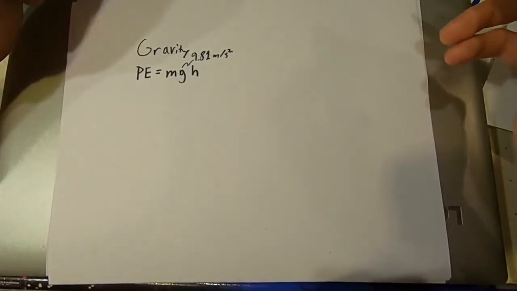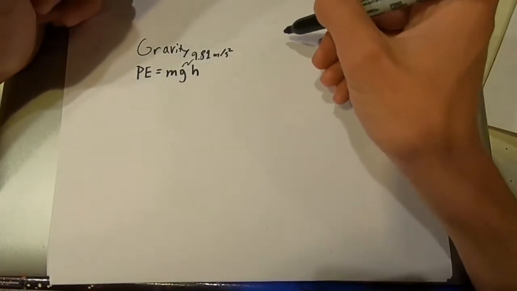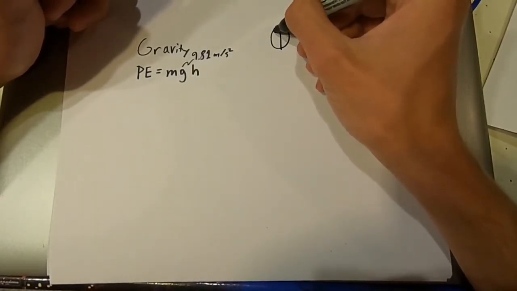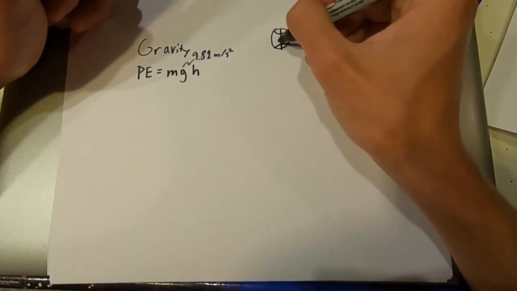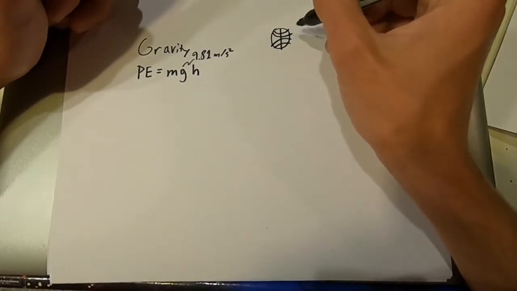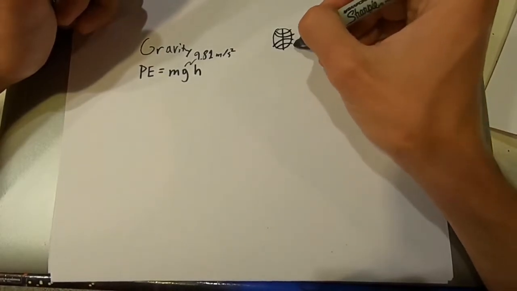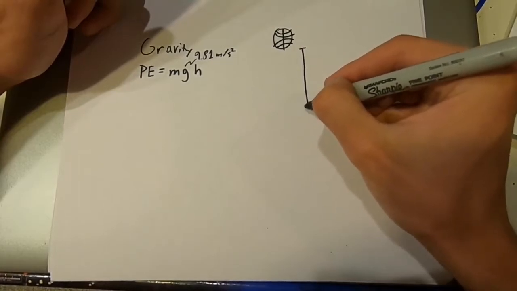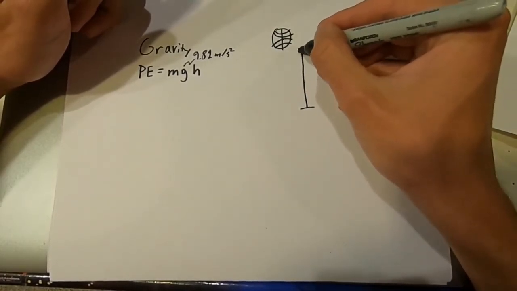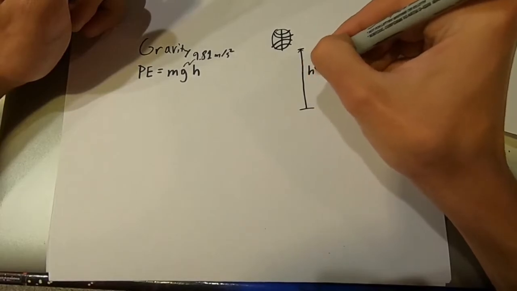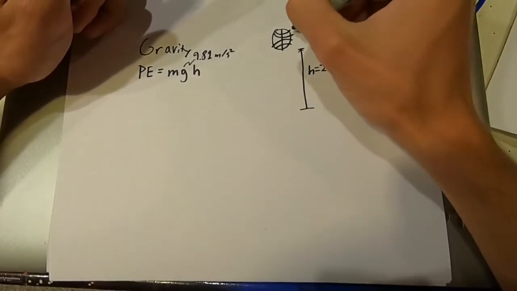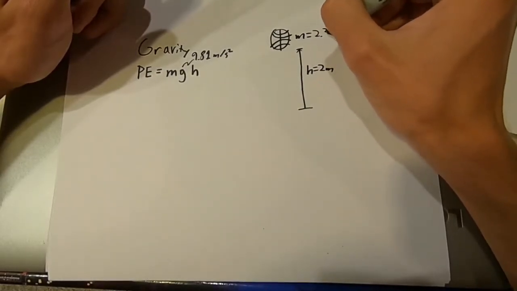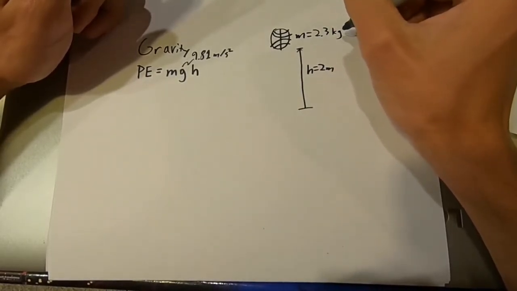So let's say that we have a ball up here. Okay, and this ball is at a height h equals 2 meters, and this ball has a mass of 2.3 kilograms.